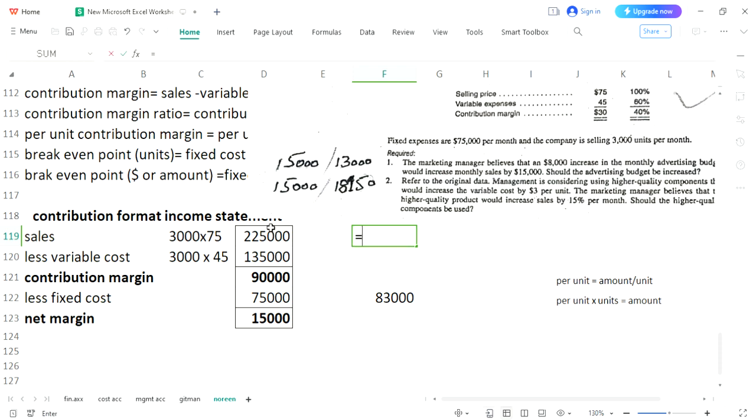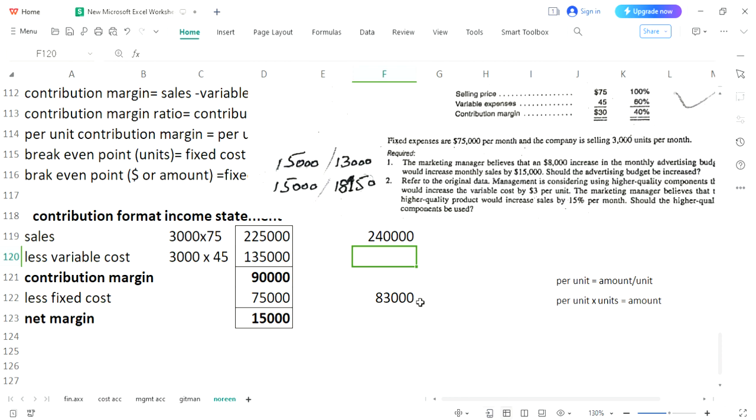The old sale was 2,25,000, and by increasing advertisement your sale will increase by 15,000. So the old sale of 225,000, you will add the increase, and in this way your sale will increase from 225 to 240. Up till now it looks very attractive.